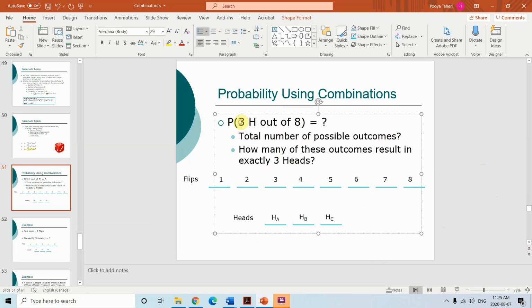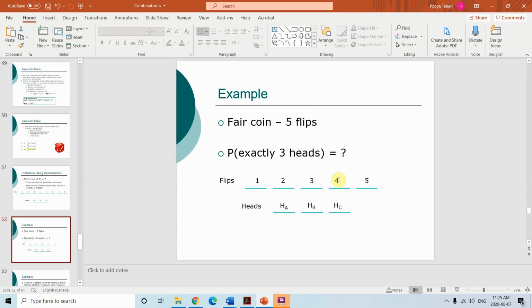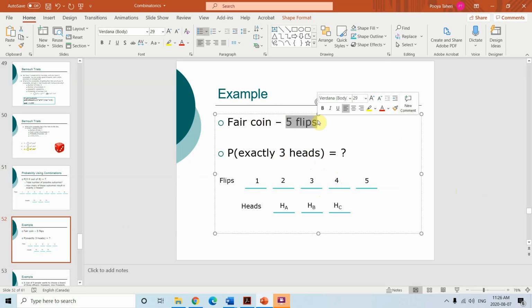What's the probability of having exactly 3 heads in the sequence? You can just solve this yourself. Similar to this, we have 5 flips, and what is the probability of having exactly 3 heads in the sequence?